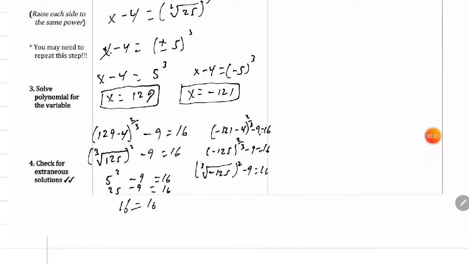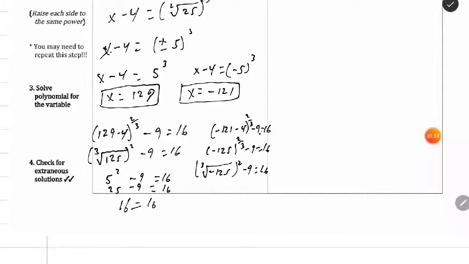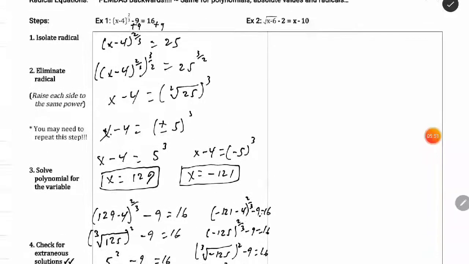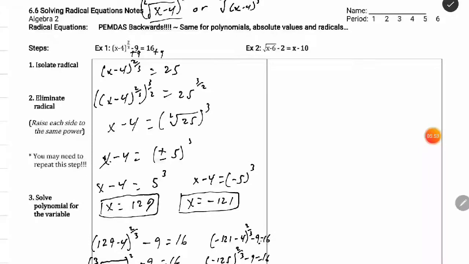Minus 9 equals 16. So this becomes negative 5 squared minus 9 equals 16. 25 minus 9 equals 16. 16 does equal 16. So there are no extraneous solutions. All right. Let's move on to the next problem.